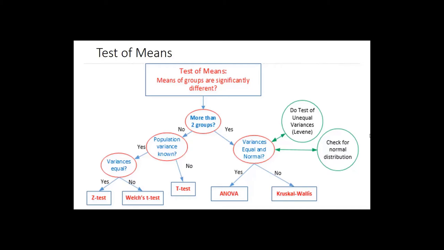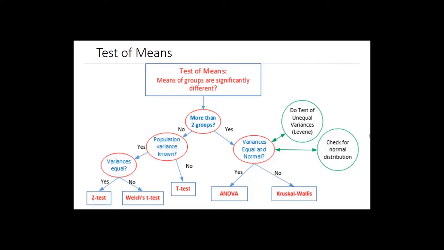If the population variance is not known, then we can use the t-test, given that the distribution is normal. Do we have equal variances and normal distribution? If we do have that, then the z-test or Welch's t-test can be used.